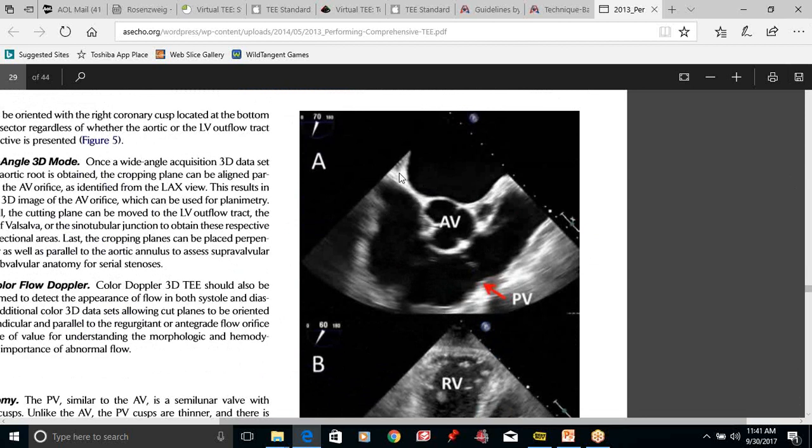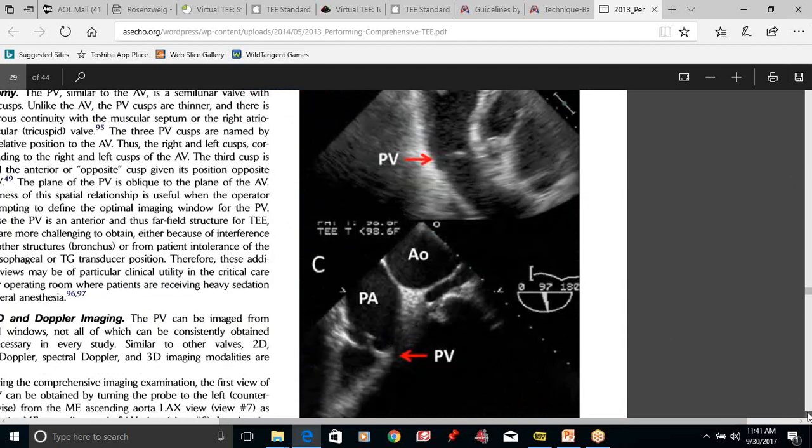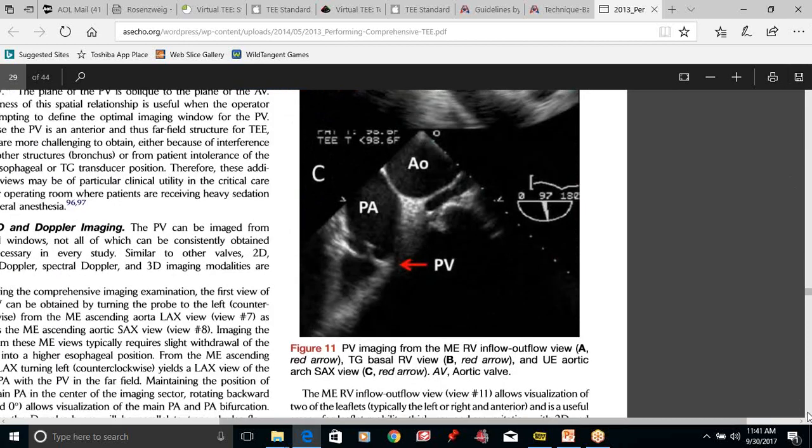Okay, so if this is your atrial septum, non-coronary cusp is right there, the left coronary cusp, and then the right coronary cusp is right there. So some views they're going to automatically give you and expect you to know.